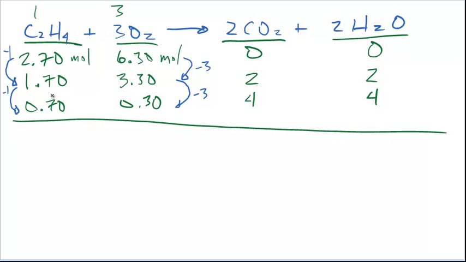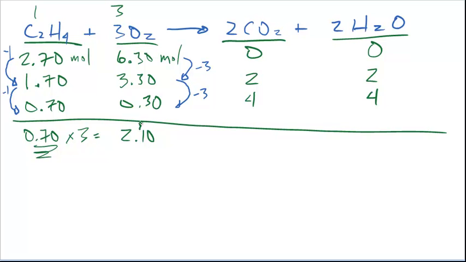And if you look at it this way, if we have 0.7 moles of ethylene left, how many moles of oxygen would we need to completely exhaust our supply of ethylene? And the answer is, if you're thinking times 3, you would need 2.1 more moles.